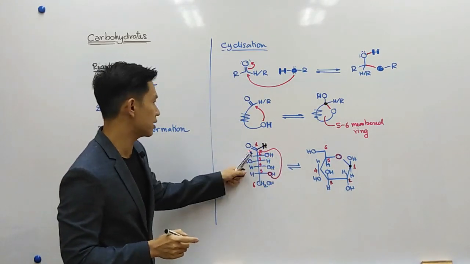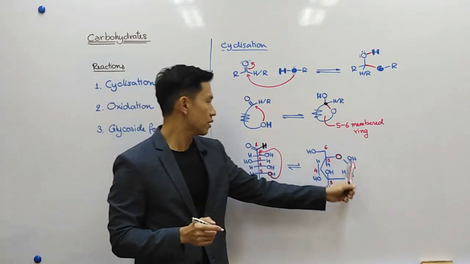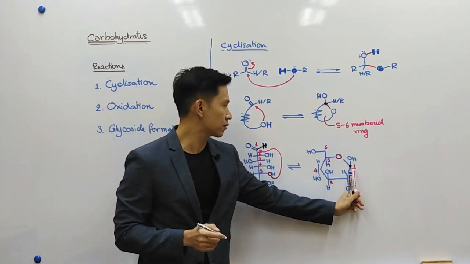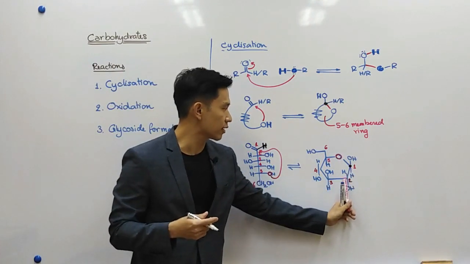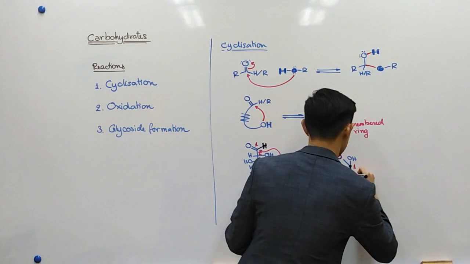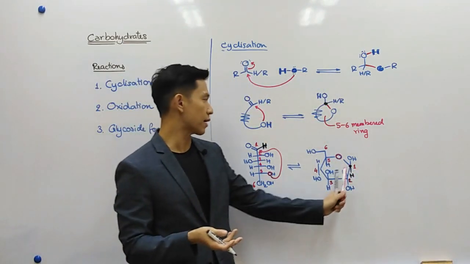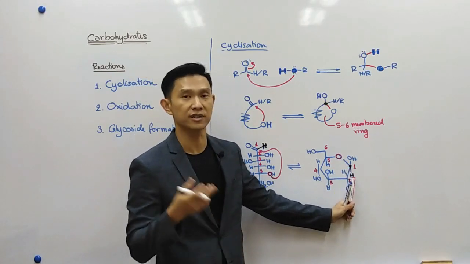So after you find where carbon number 1 is here, where is the carbonyl? Look at this. Your carbonyl connects with carbon and hydrogen, right? So that means carbonyl with carbon and hydrogen is the aldehyde, right? But if the carbonyl contains carbon and carbon, that's the ketone.